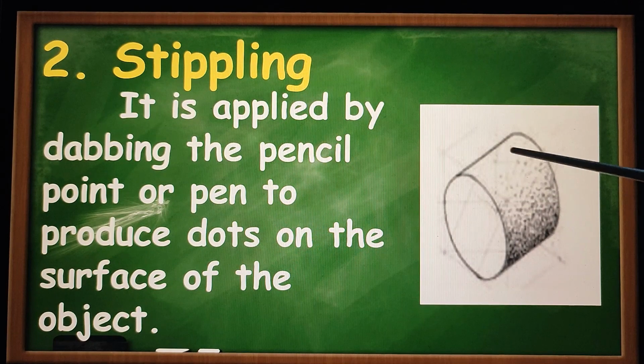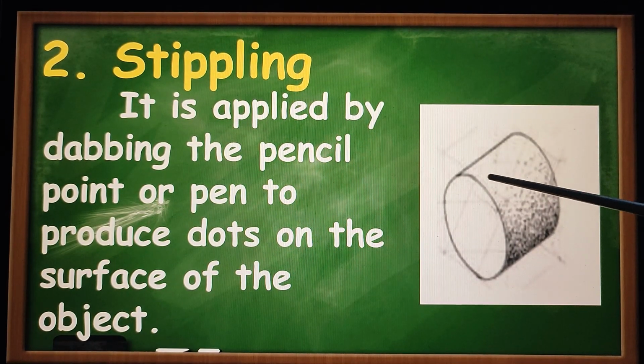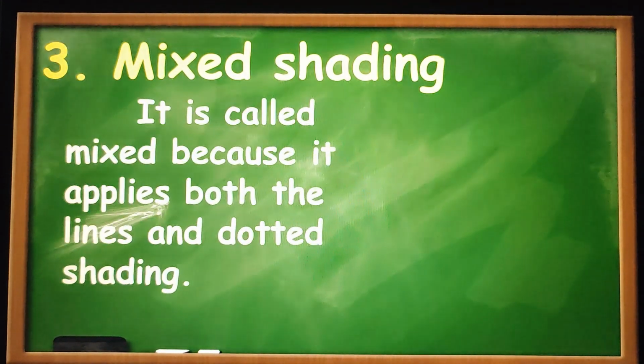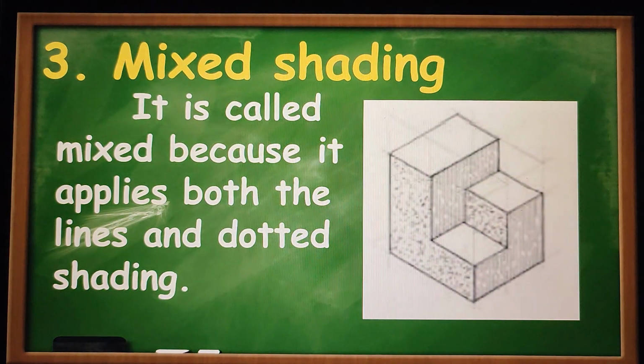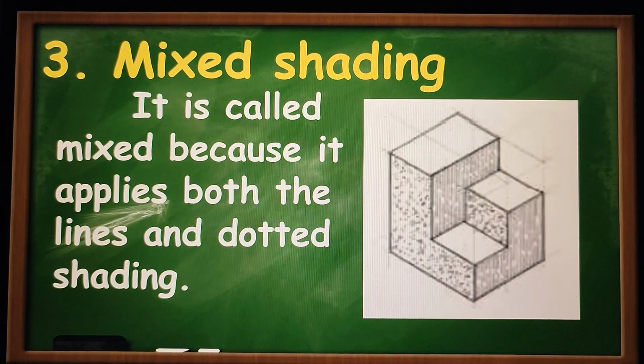This is where more light appears. Next is number 3, mixed shading. It is called mixed because it applies both the lines and the dotted shading.